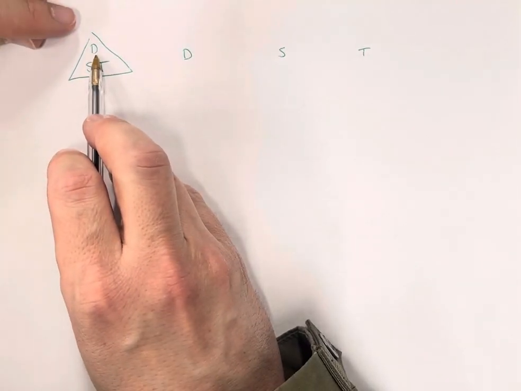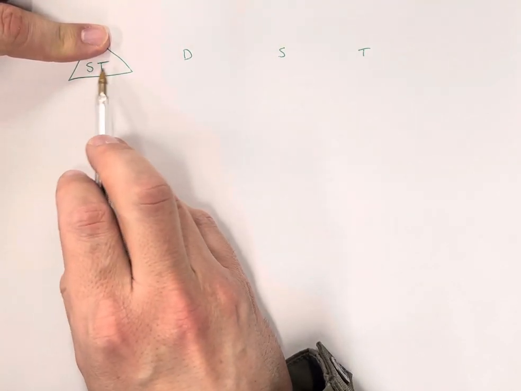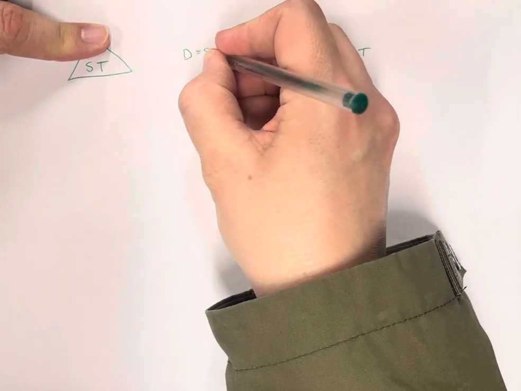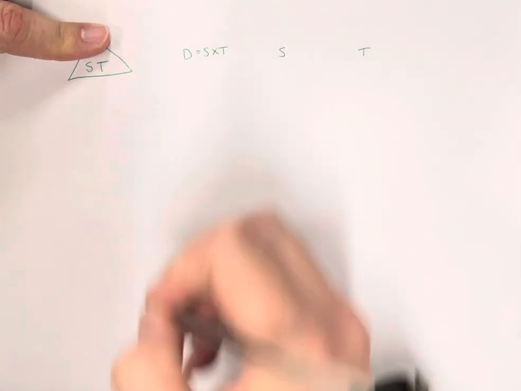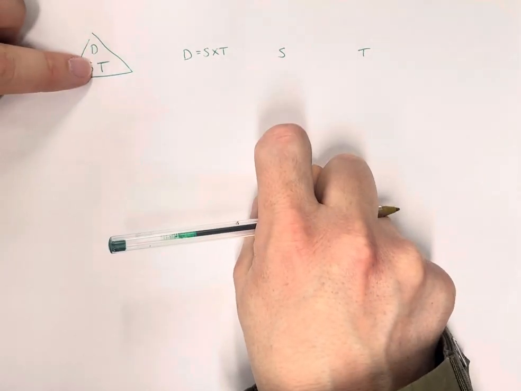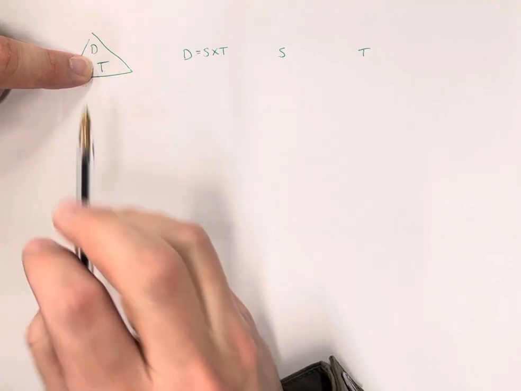So distance, if I put my finger over distance, you can see that they're speed and time and they're beside each other. So if we want to find distance, we multiply the speed by the time. And then here, that's speed. So if I put my finger over speed, I have d over t, which means distance divided by time.